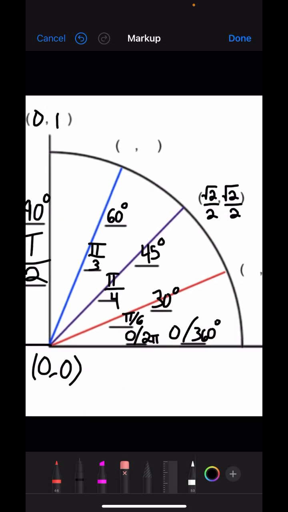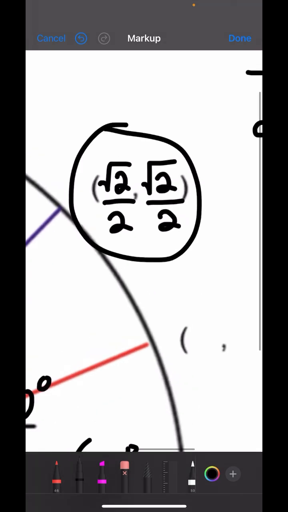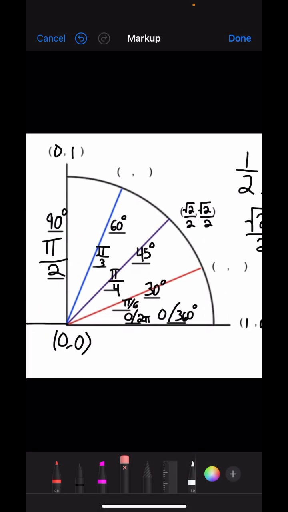I don't know why this is, because I'm not going to get into that right now, but just remember that 45 degrees, not only is it easier to remember this radian here because it matches the 4 in 45, but it's also easier to remember the point because it's the same for x and y.